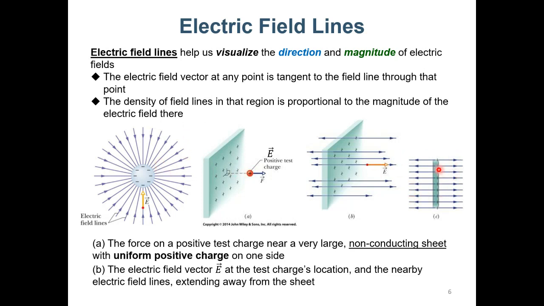And for this case, all the lines are parallel. So for example, here has the same magnitude as here and there. So this is a visualization of the E field.